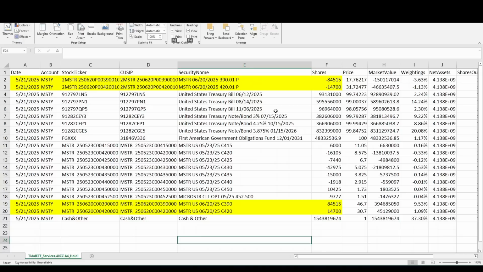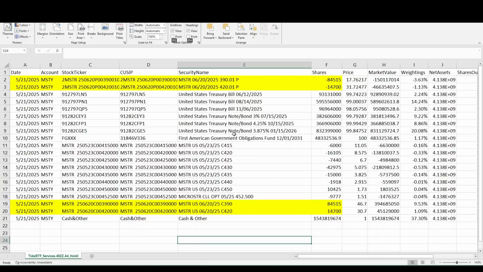By doing so, they can simulate owning the shares of MSTR, and they can write the covered calls. But as I said, they do not want those covered calls to go through, so they do have to close them.